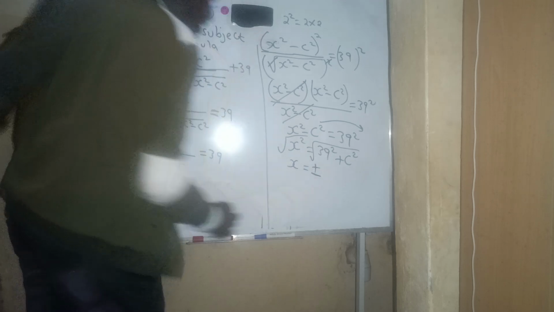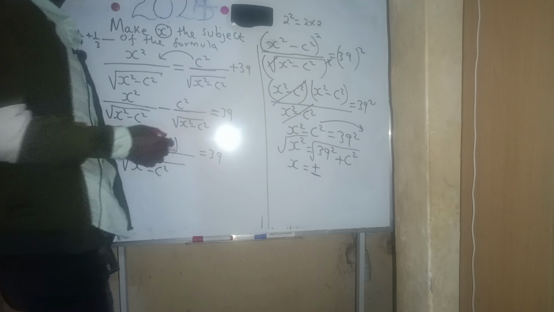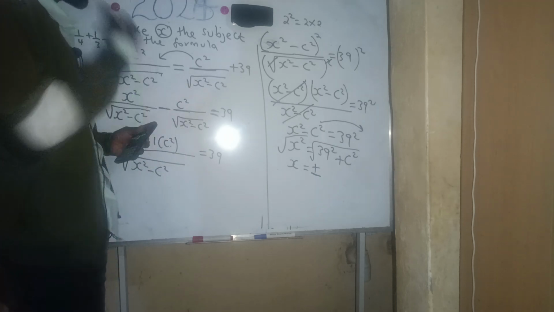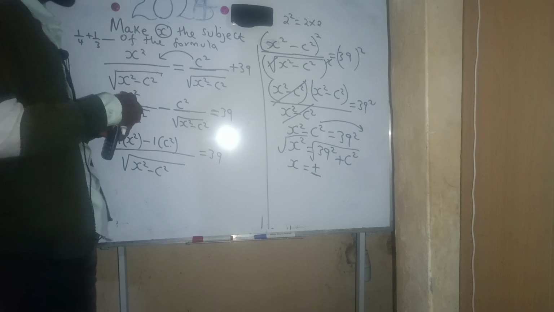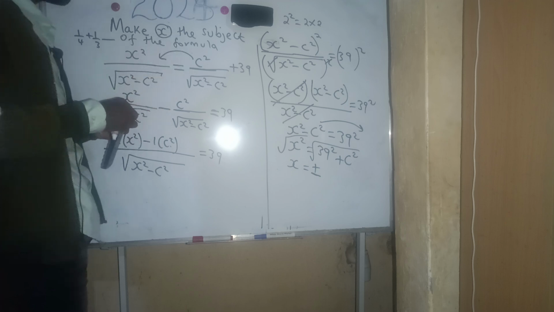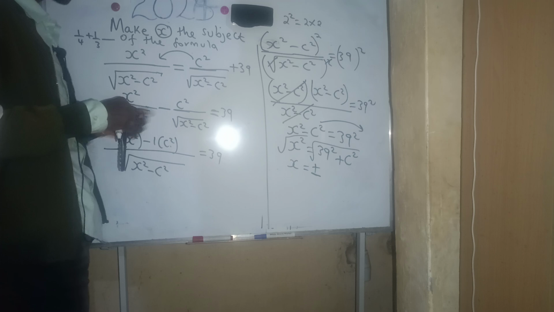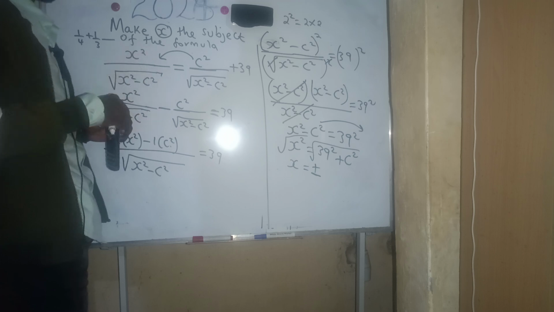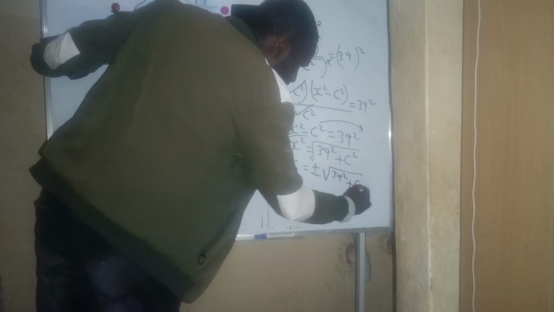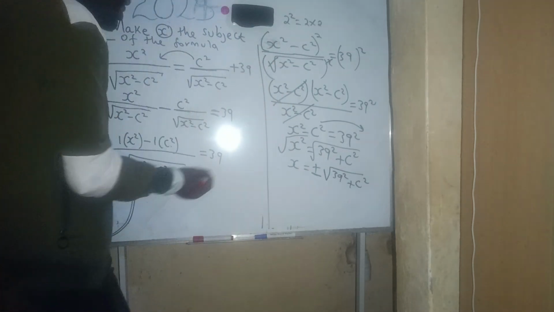Remember students, whenever a square root is introduced in mathematics and it gets placed where you cannot give the final answer in terms of the square root of what you're looking for, then you are forced to introduce a plus and a minus as well. So the square root of 39 squared plus c squared. So two possible values or expressions of x.